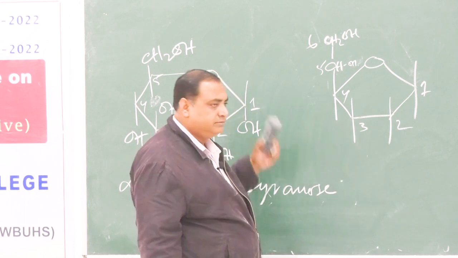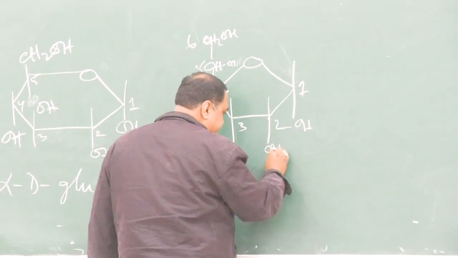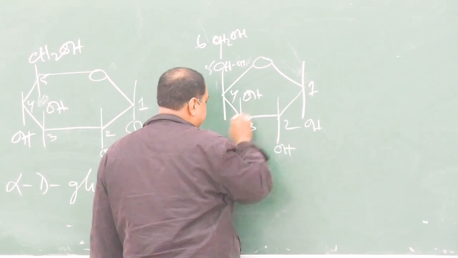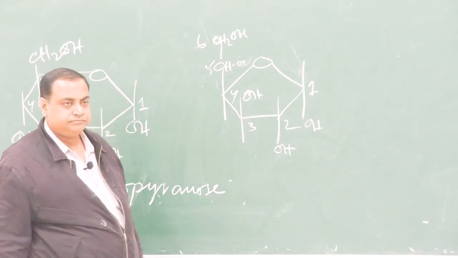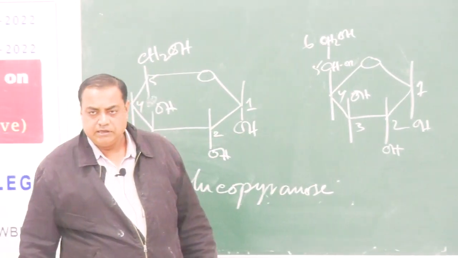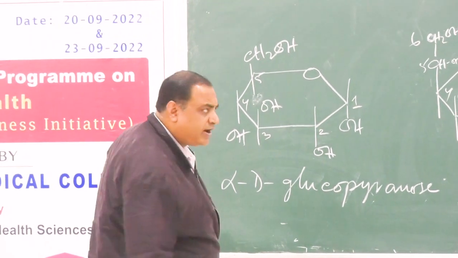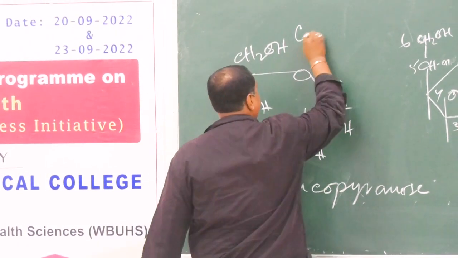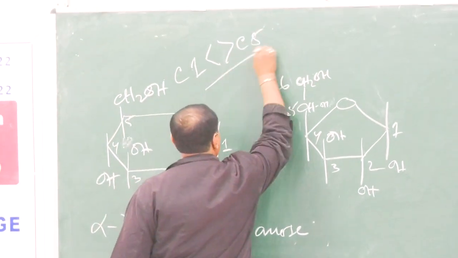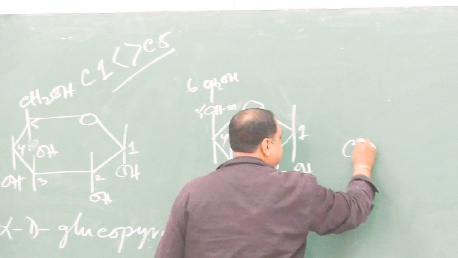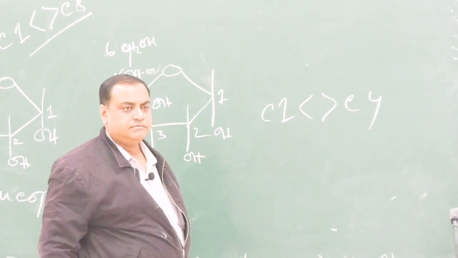Now you tell me here, very easy, same. What is the difference? The hemiacetal form in case of pyranose is between C1 and C5. And the hemiacetal form here is between C1 and C4.